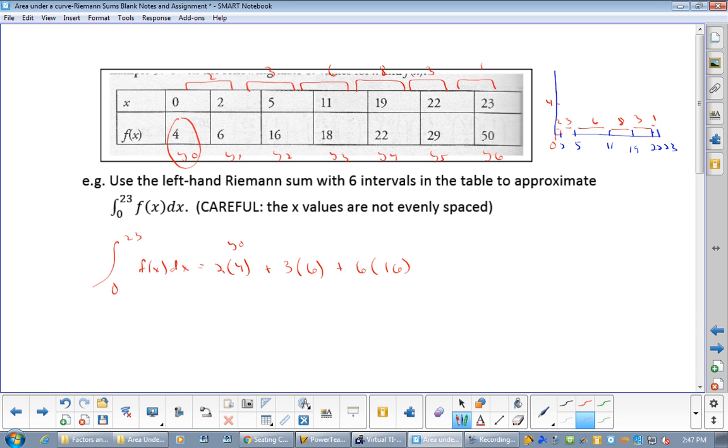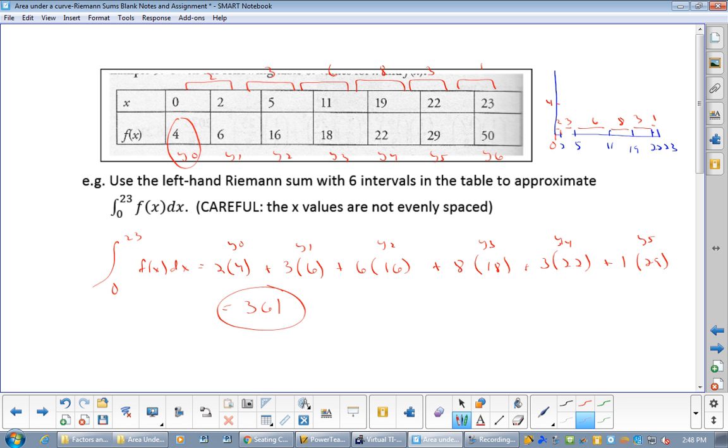Plus 8 is the next one, times, remember left-hand side, y3, which is 18. Plus 3 times 22, which is y4. And plus 1 times left-hand side, which is y5, 29. When you add that all up, you're going to get 361.